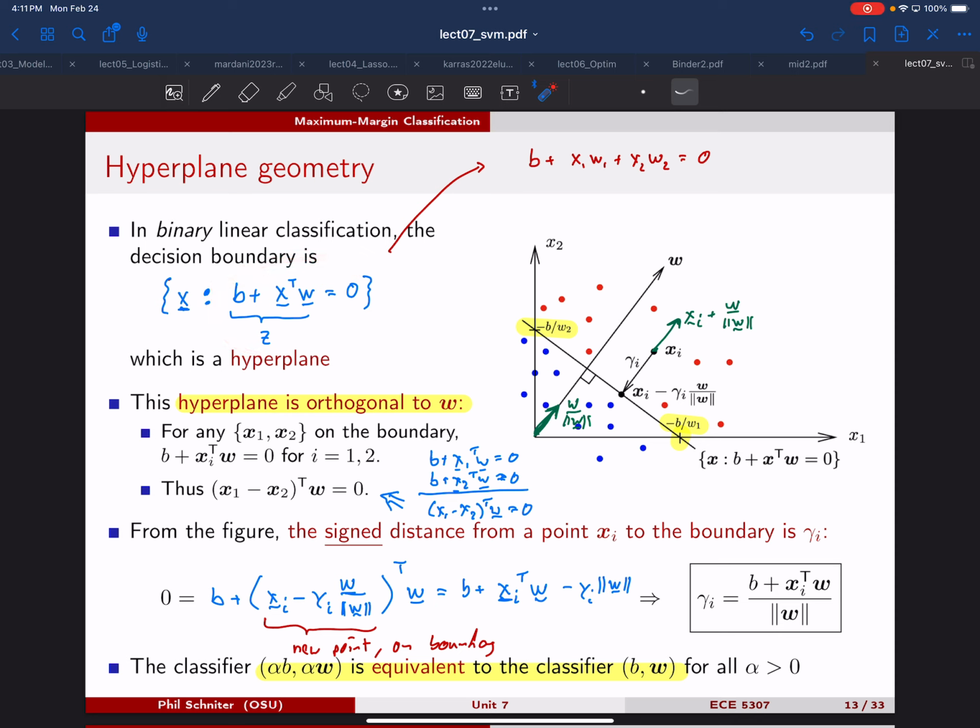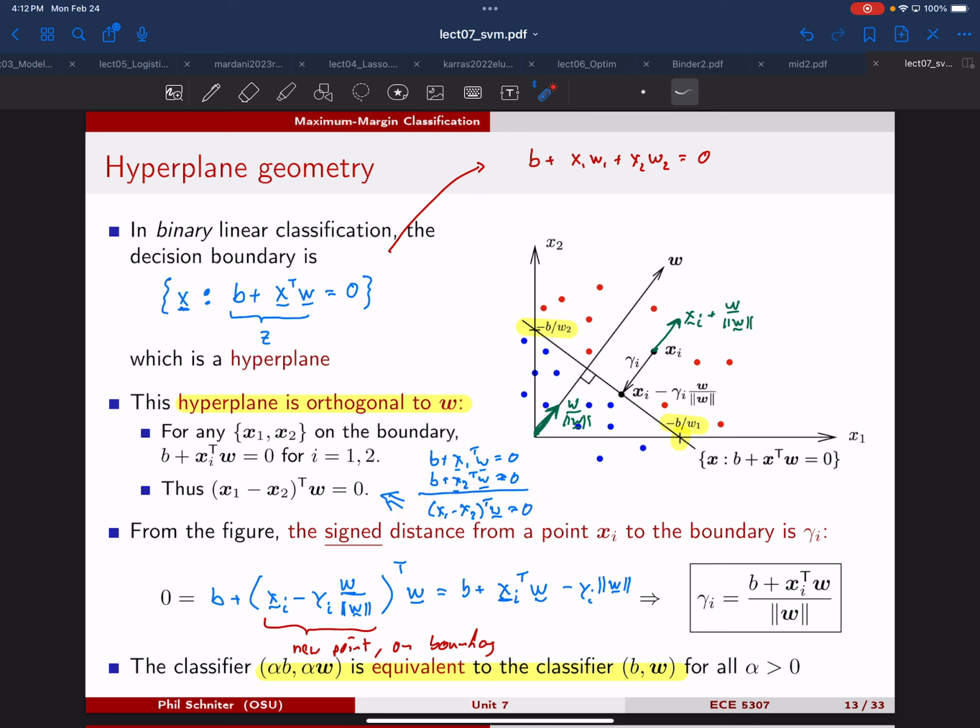And then the next thing we said is we deduced that the weight vector w is going to be perpendicular to that boundary in all cases. We did this by picking any 2 points on the boundary and looking at the 2 different score equations we get from them, both equaling 0, and subtracting them.